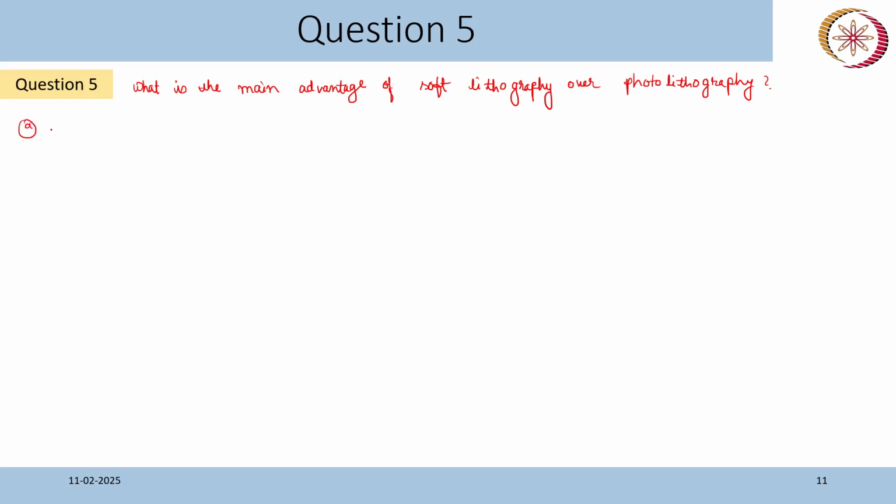The options are: it uses high energy UV for patterning. Option B is it requires an expensive clean room environment.